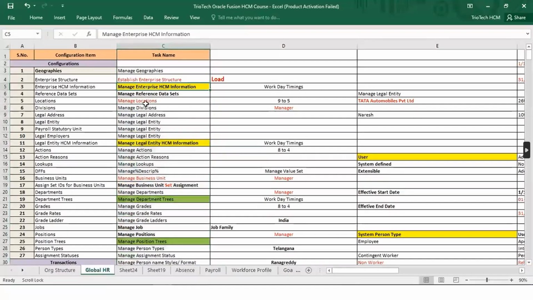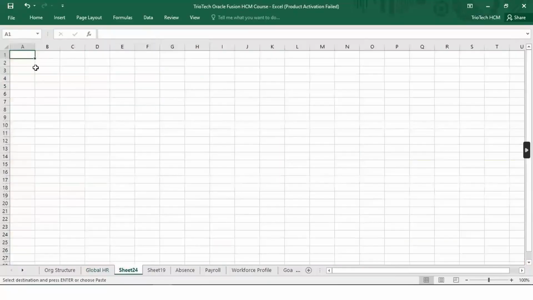Like we have enterprise, divisions, legal entities, business units, departments. These are the things which we are going to configure in core HR. So before starting any configuration in the system, let me explain to you one such important concept that we have in the core HR module, team. We have to talk about a concept called organization structure.